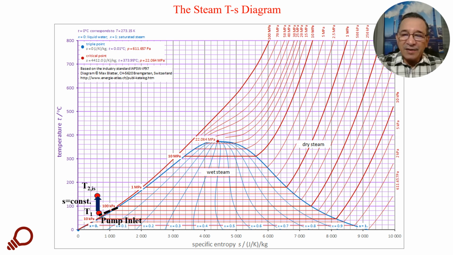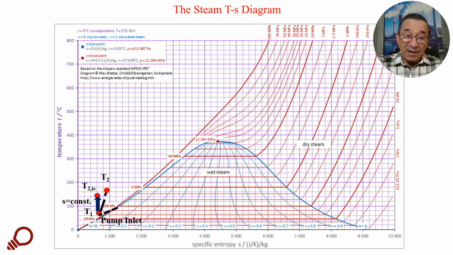And usually there is something called the isentropic efficiency related to the pump, and the temperature will approach T sub 2 isentropic, where we have S constant. The entropy is constant.